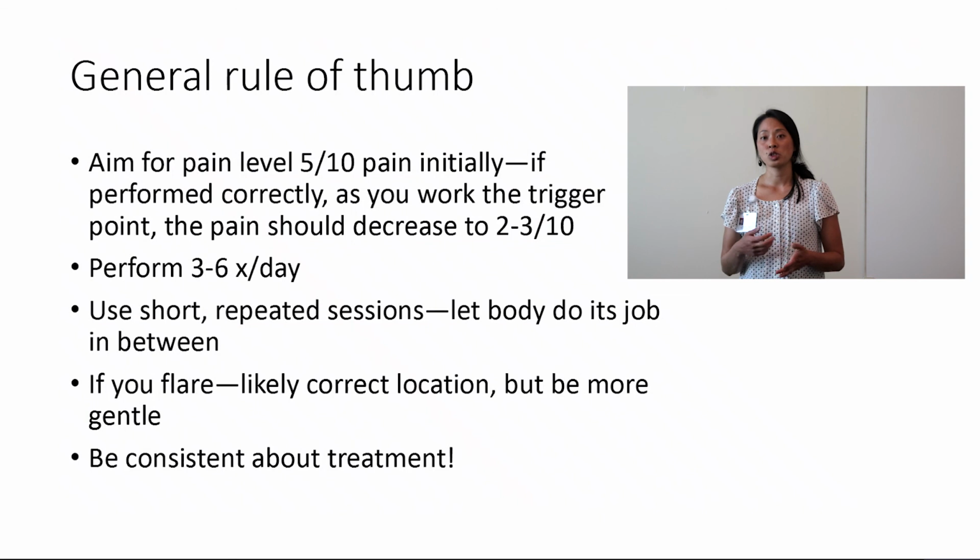It's better to use short, repeated sessions and let the body do its job in between. If you flare or feel sore afterwards, this tells you that you've probably found the right spot, but you might need to be gentler and apply less force and pressure next time. And lastly, continue massaging for several more sessions after the trigger point has been released or stopped actively referring pain.